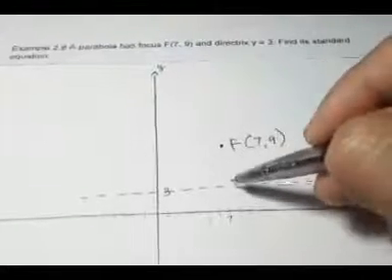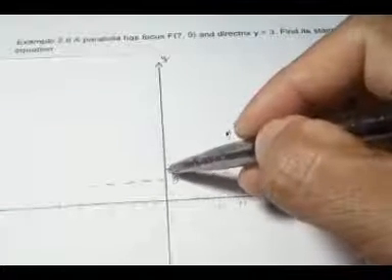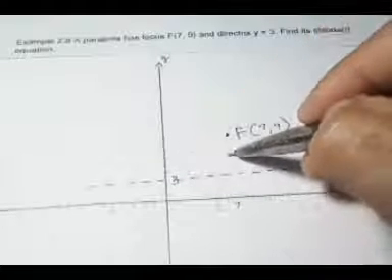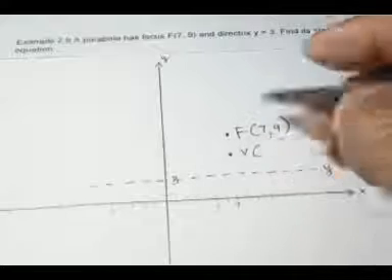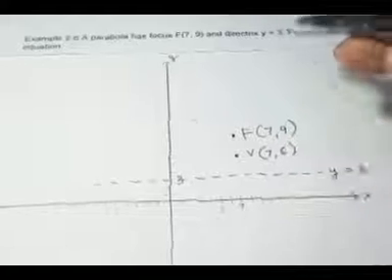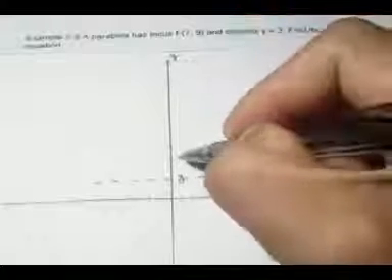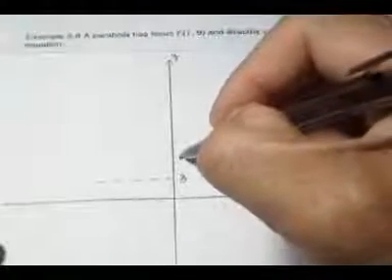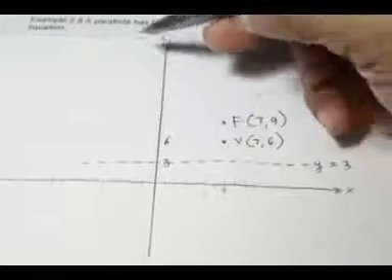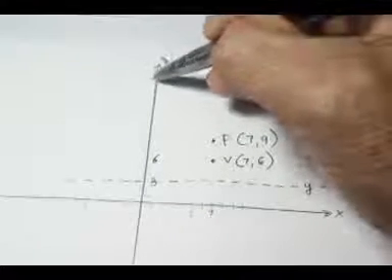So the vertex is 3 units above the directrix. So 1, 2, 3, 4, 5, 6. This is our vertex with coordinates (7, 6). Okay, this is 7 and this is 6. So this is our directrix, focus and vertex. So our graph looks something like this.